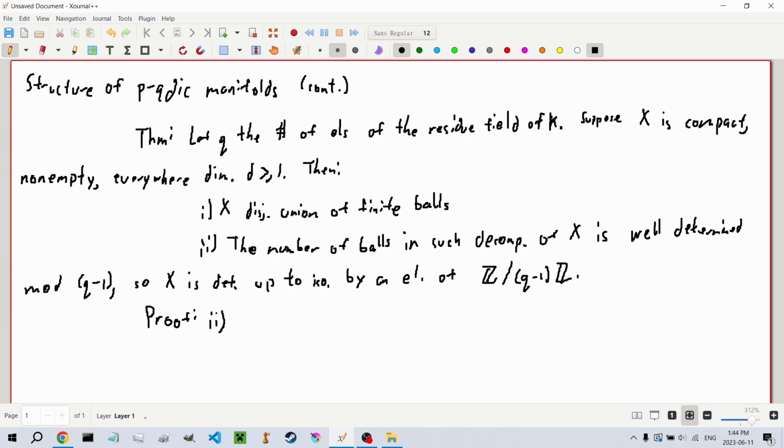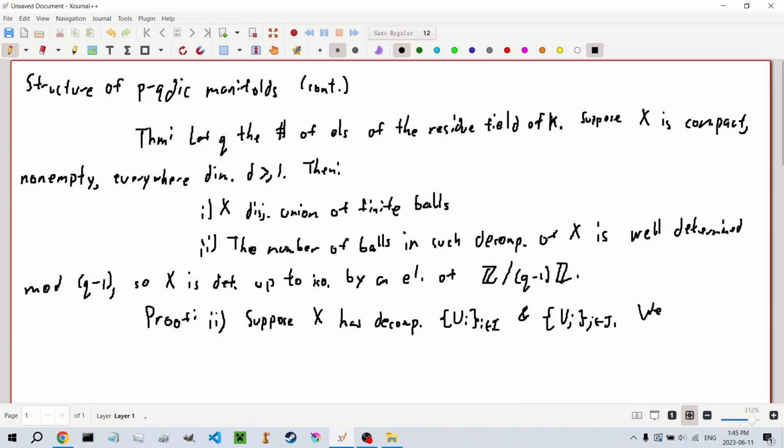So, first off, suppose X has decompositions into U sub i over an indexing set I and V sub j over an indexing set J. Where, of course, our indexing sets are finite and the collections that make up each decomposition are disjoint, not from each other, not from U and V, but the various U's are disjoint and the various V's are disjoint.